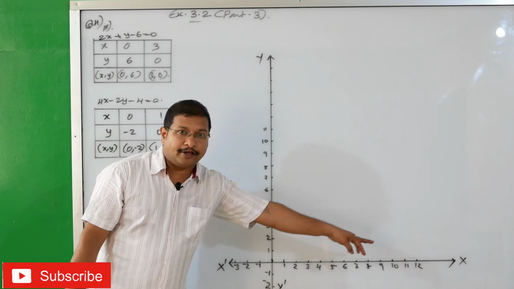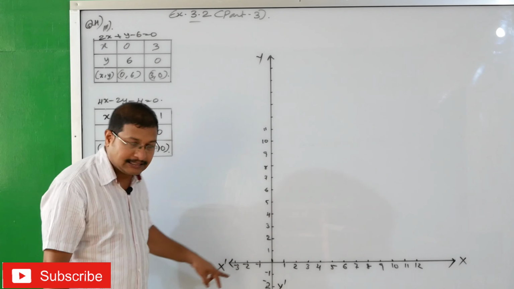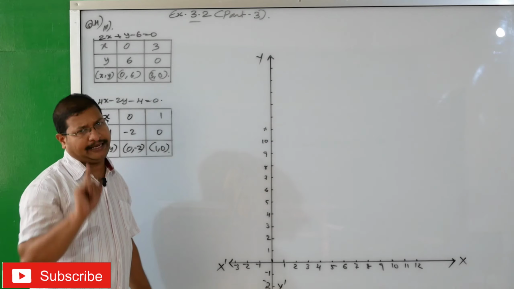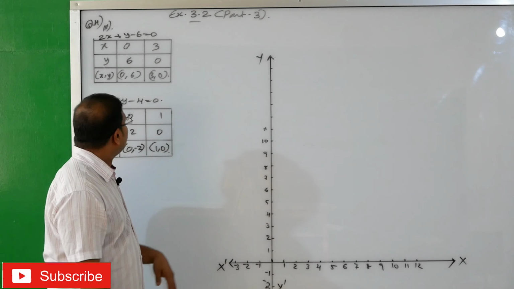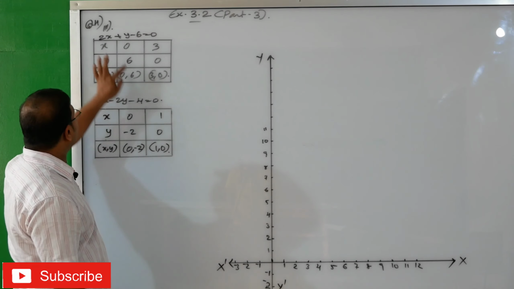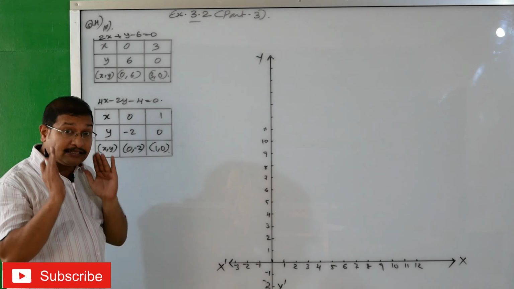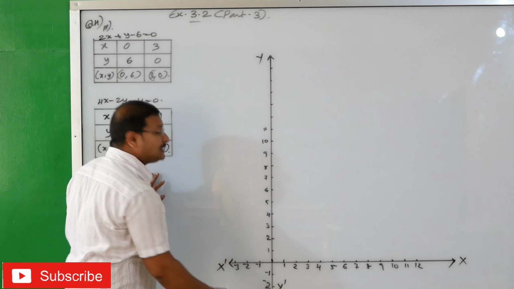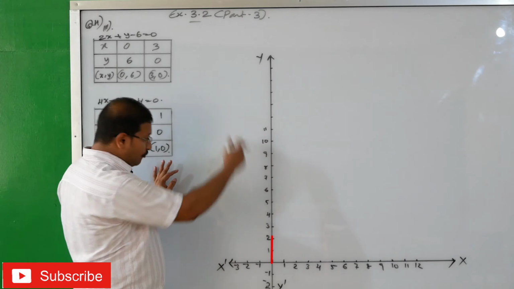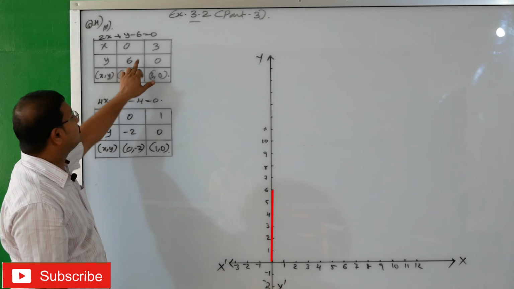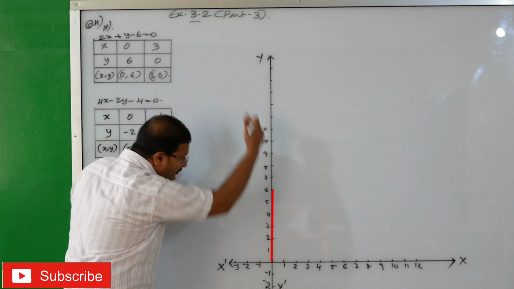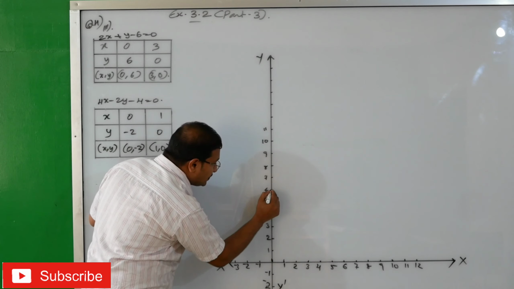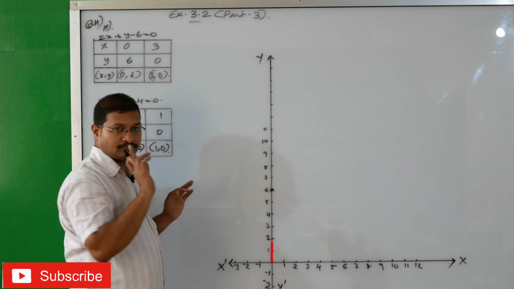We already made the horizontal line, x-axis, and the vertical line, y-axis. Done already? So first table, 0, 6. x equals 0 means y-axis, and y equals 6 means here. Got it?